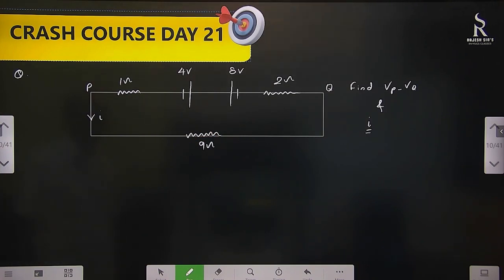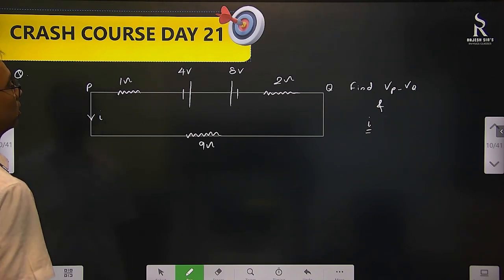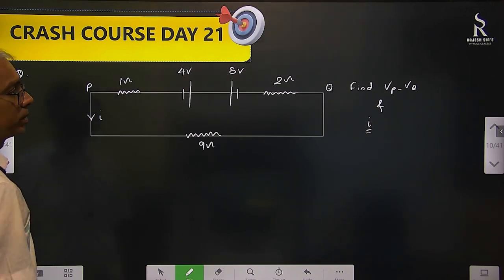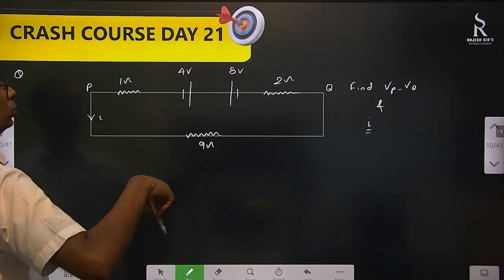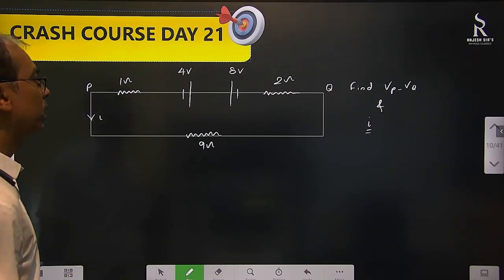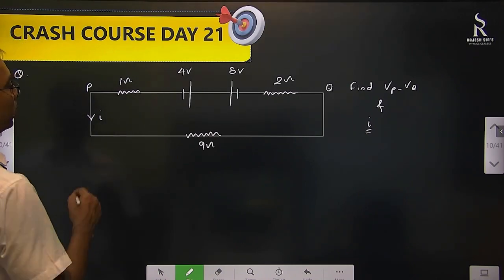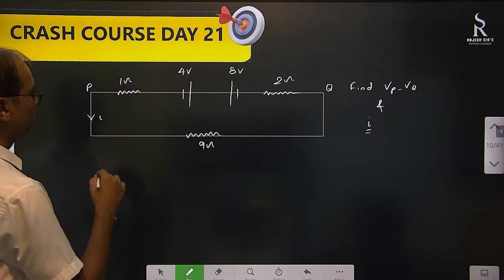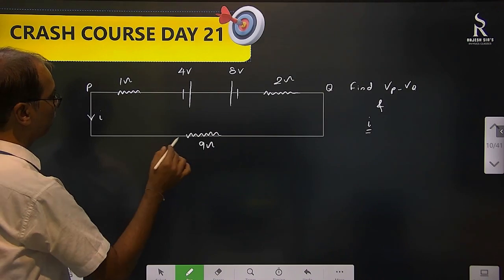Then find Vp minus Vq and also find I. Okay. Alright, again a closed loop is there. So let's write the loop law. From the loop law, we'll get the I value, and once we get the I value, we'll get Vp minus Vq also. So it's moving like this. From here, Vp we are starting.